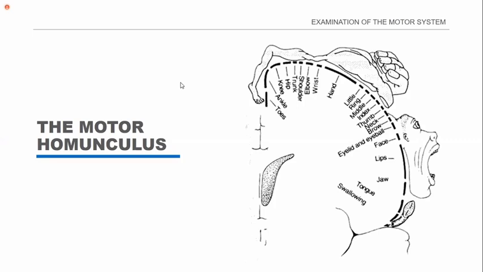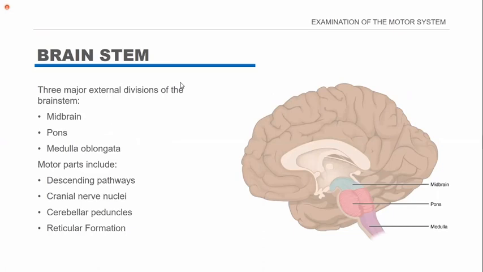We call it the motor homunculus. Then the brainstem has 3 parts: midbrain, pons, and medulla.